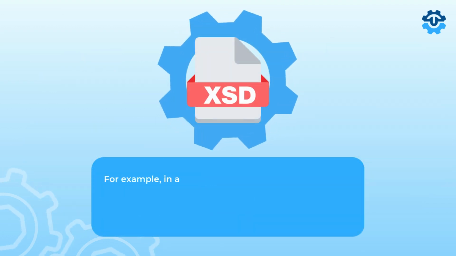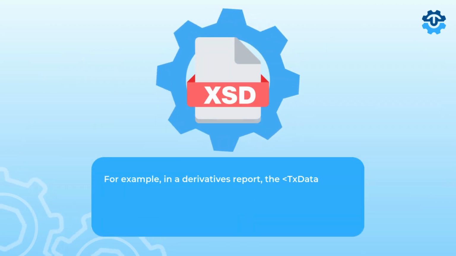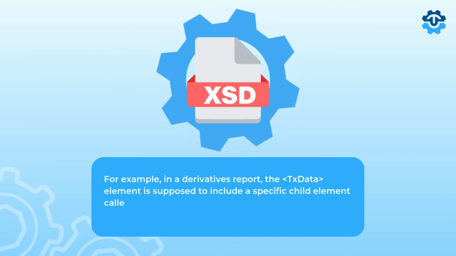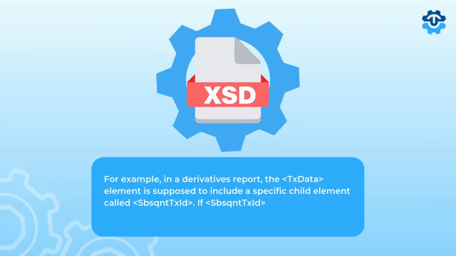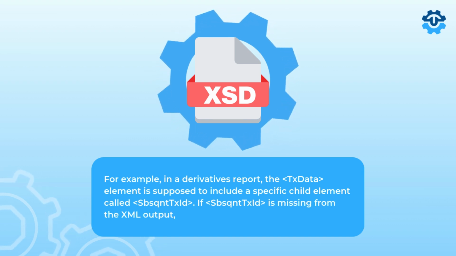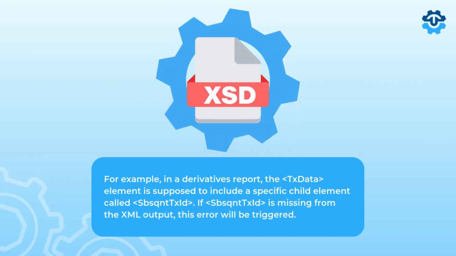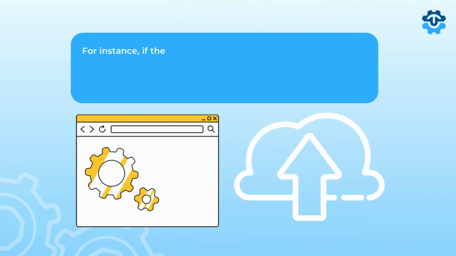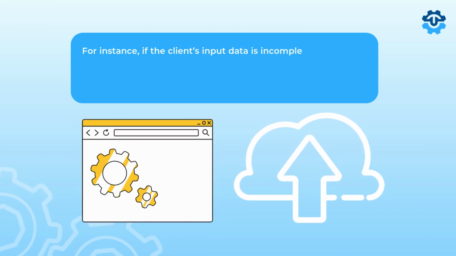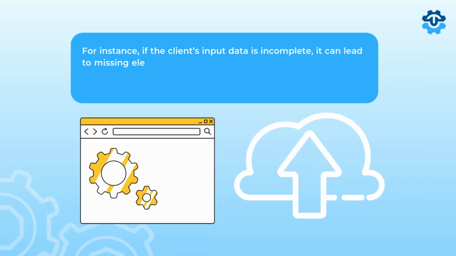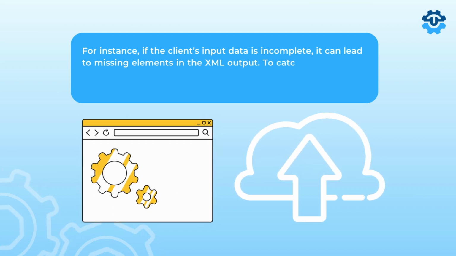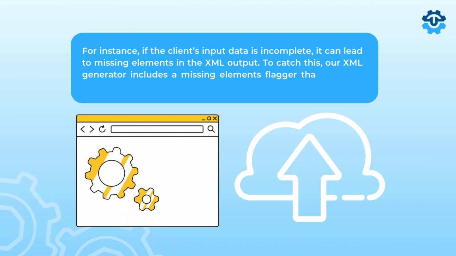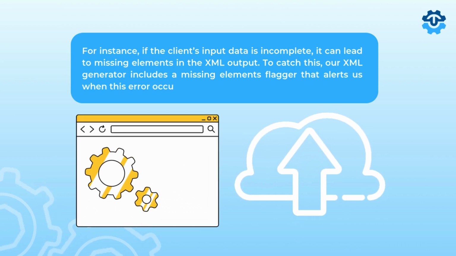For example, in a derivatives report, the transaction data element is supposed to include a specific child element called subsequent position UTI. If subsequent position UTI is missing from the XML output, this error will be triggered. For instance, if the client's input data is incomplete, it can lead to missing elements in the XML output. To catch this, our XML generator includes a missing elements flagger that alerts us when this error occurs.